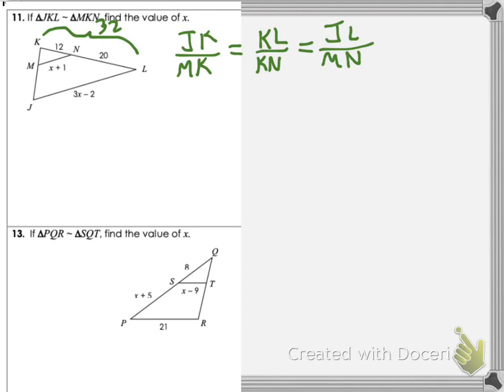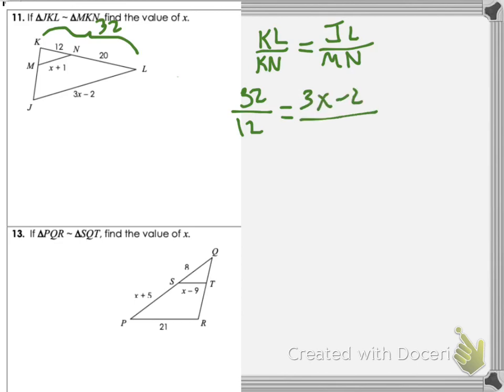We don't really have the MK and the JK. So let's erase this part and we'll just use these two. So KL is 32 and that compares to 12, as JL, which is 3x minus 2, compares to MN, which is x plus 1.